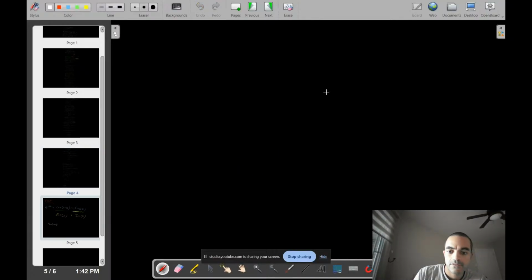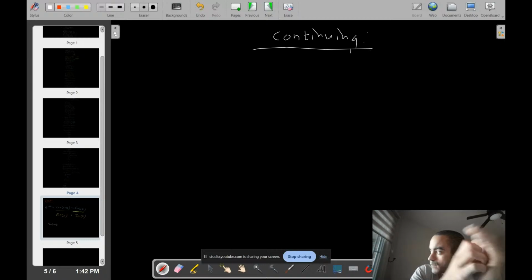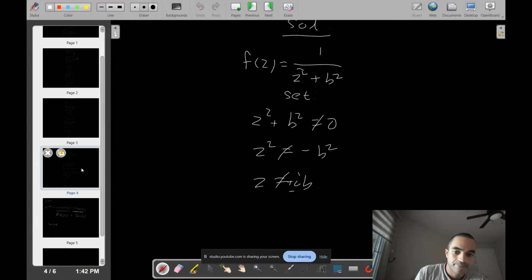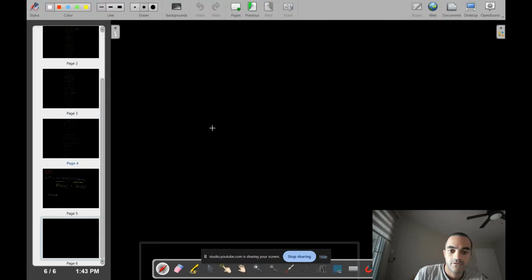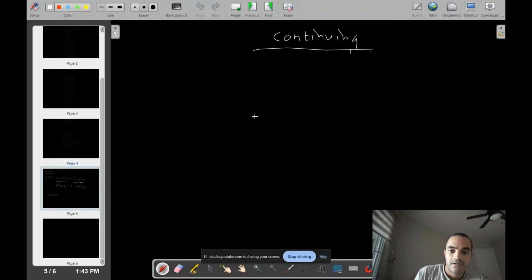Okay, so continuing. We're going to be doing this integral. Remember the cosine of ax that was above here. I'm going to translate it to Euler's identity. Euler will be proud.